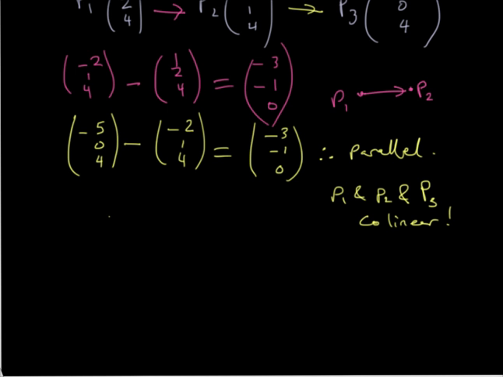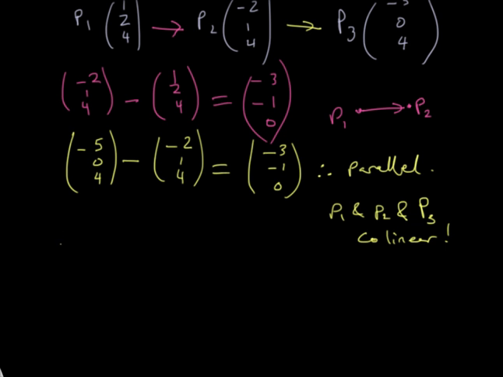What they tell us is that this P4 guy has a coordinate only of 2, that's the only thing they tell us for the x.